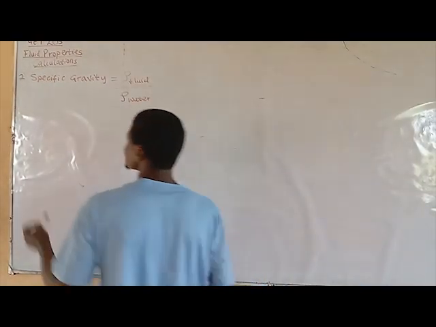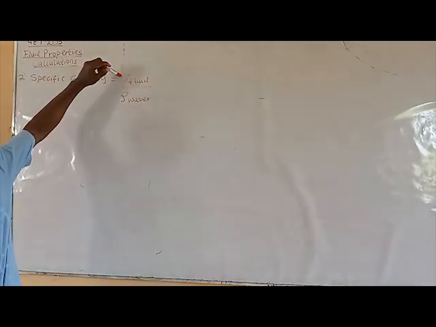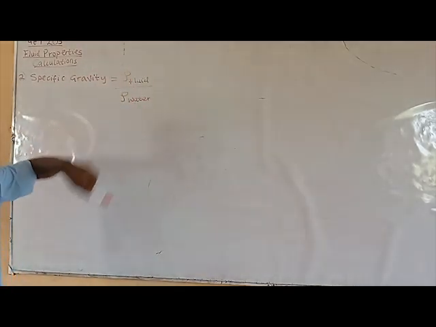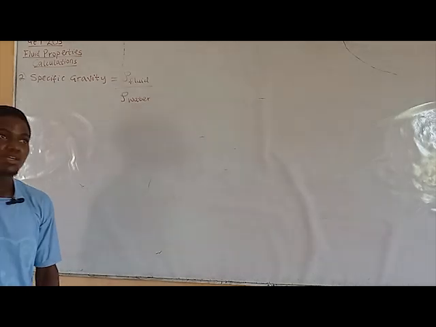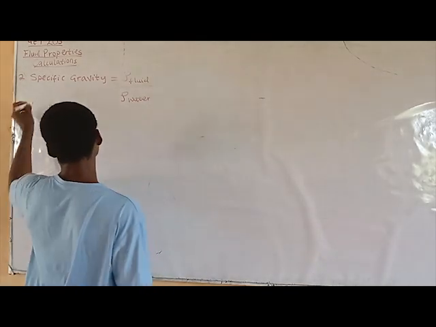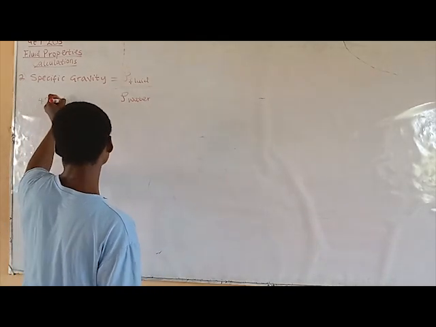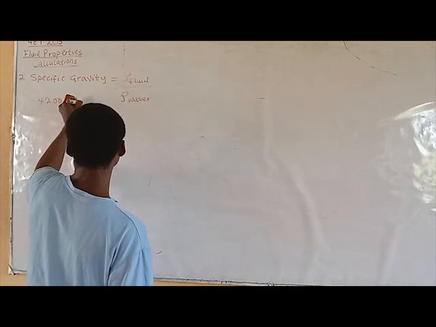The second one we treat is the specific gravity of any fluid. The specific gravity of any fluid equals the density of that fluid divided by the density of water. So if you are given any question like, what is the specific gravity of fluid A, whose density is 4,200 kilograms per meter cube?